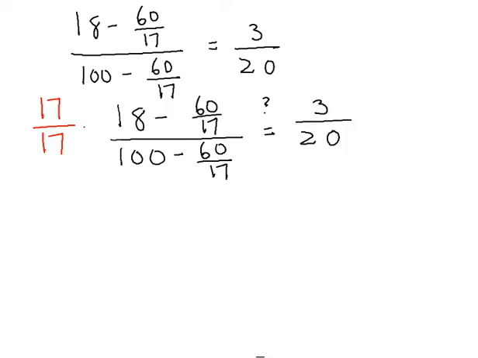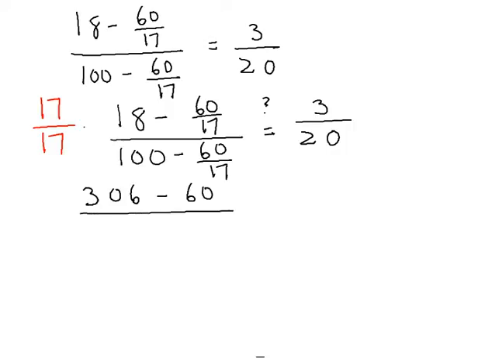Now as we multiply by the 17 over 17, don't forget to multiply the 17 by both terms in the numerator and both terms in the denominator. So the 17 times the 18 will produce 306, and 17 times the 60 divided by 17 will produce 60.